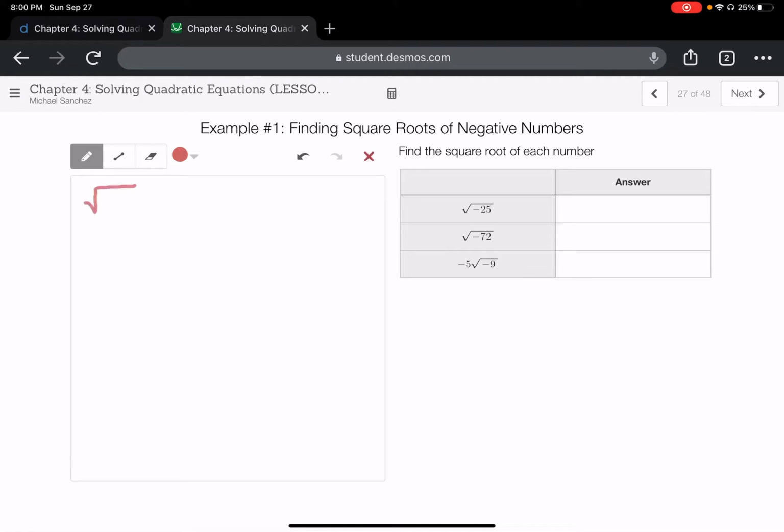So I have the square root of -25. Obviously, we can't take the square root of a negative number, but with what we just learned about the imaginary unit i, I'm going to break this square root up into the product of two square roots: the square root of 25 times the square root of -1, because 25 times -1 is -25.